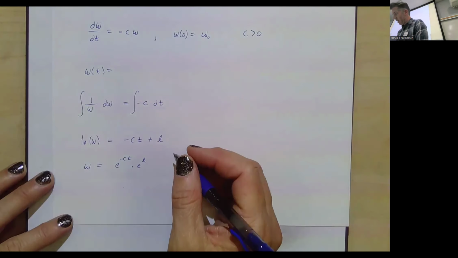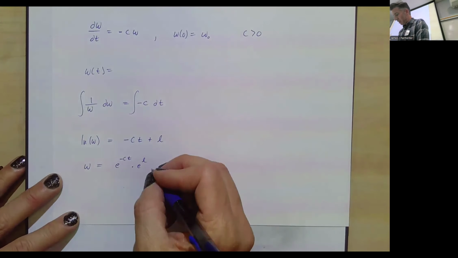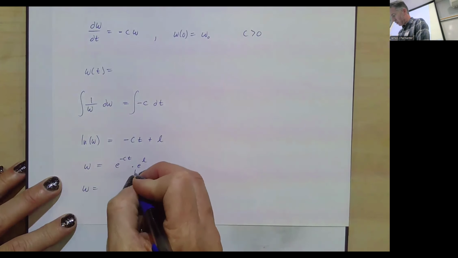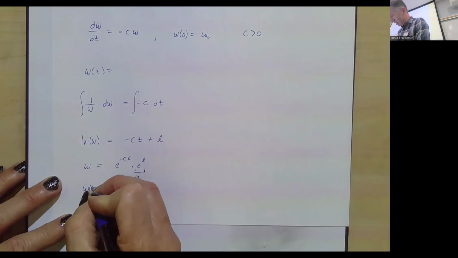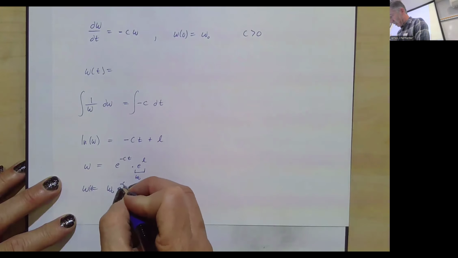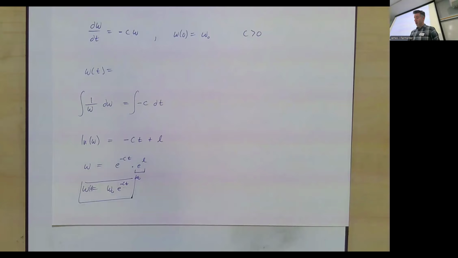I like to call it A, but I think here I should call it W naught. So W of T is equal to W naught times e to the negative CT. And yes, if we plugged in T equal to 0, we would get W of 0 equal to W naught times e to the 0, which is just W naught. So there's our solution to part A.